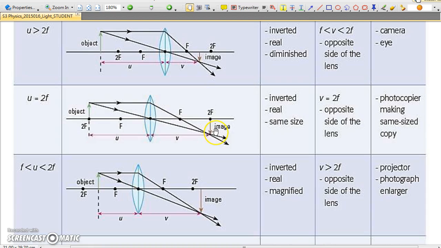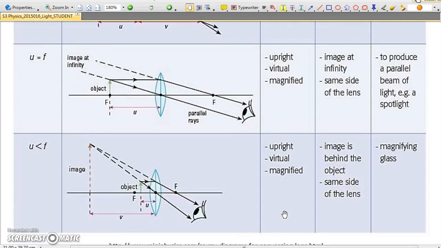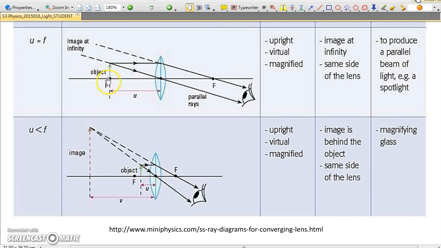You can see the image is now further away from the lens in these pictures. And what about if the object is even closer? When the object is at focus, then the two refracted light rays are parallel, and we say that the image is formed at infinity.